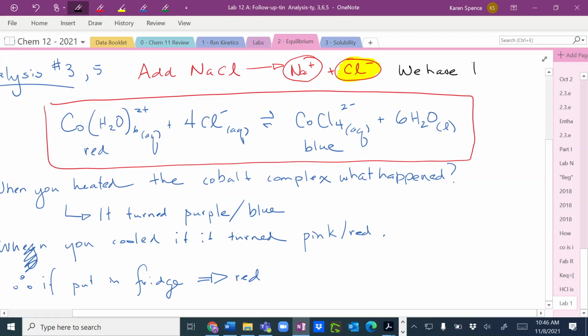So we have increased the concentration of Cl minus. So which way will this equilibrium shift? Equilibrium shifts right. Therefore, it turns blue.